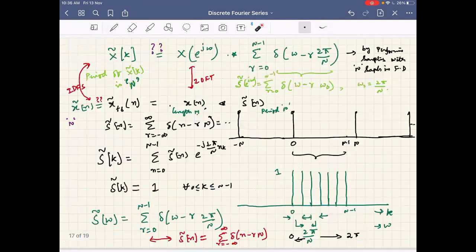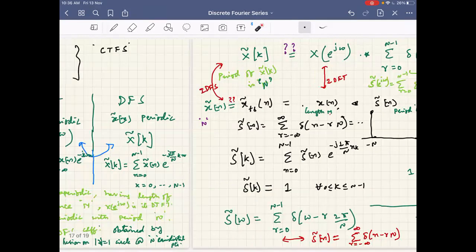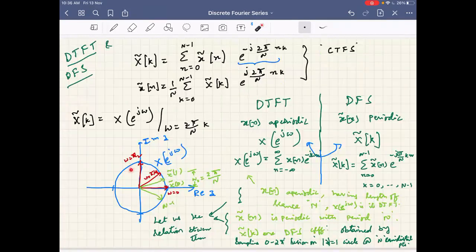If the number of frequency domain samples is higher than the length of the sequence, there is absolutely no problem. You can get back this x of n. However, if the frequency domain samples are fewer than the length of x of n, you will not be able to retrieve it.